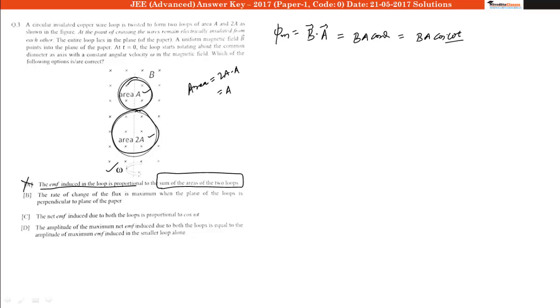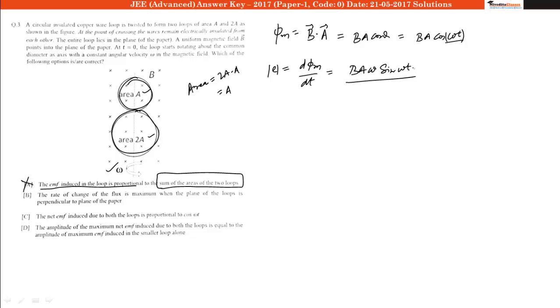We can write it as BA cos omega t, because now theta will change at a speed of omega. If I talk about the induced EMF's magnitude, it will be equal to d phi m by dt, which is BA omega sin omega t. I have not considered the negative sign because I am only interested in the magnitude.